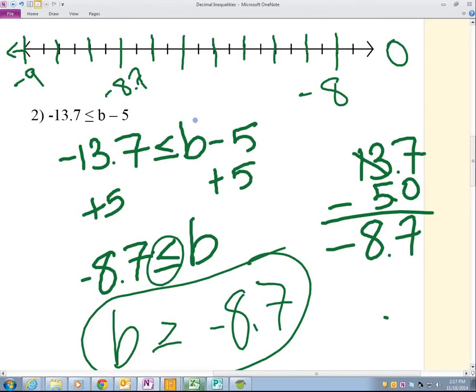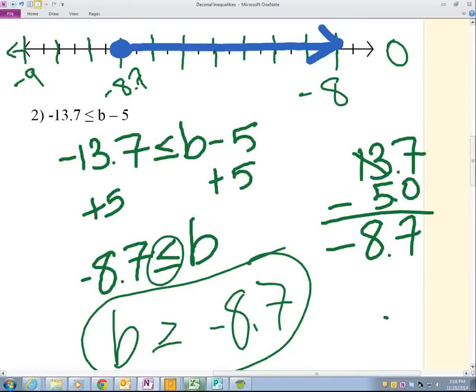It's filled in because the negative 8.7 fits where it could be for B and hold true. And it's going to the right. So that means that all the numbers on that number line that are blue can keep that inequality true. So if B were any number from negative 8.7 up.